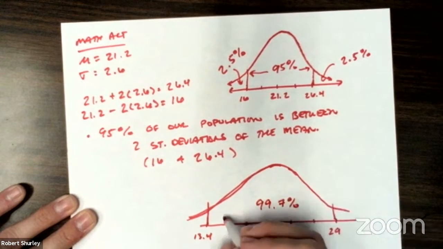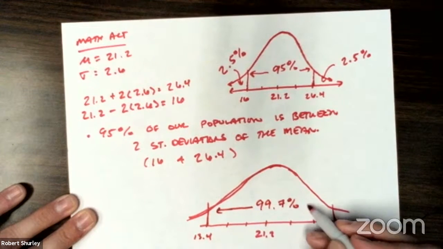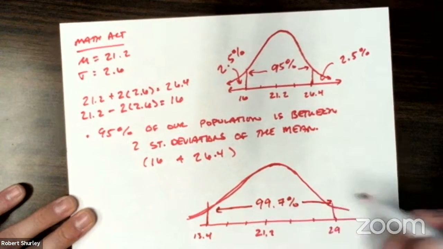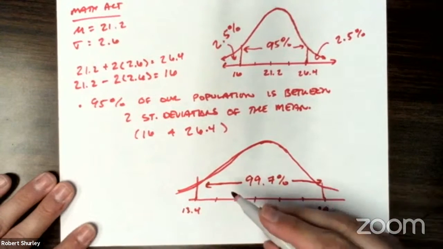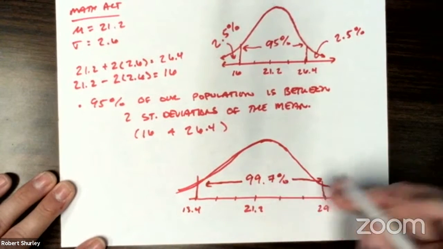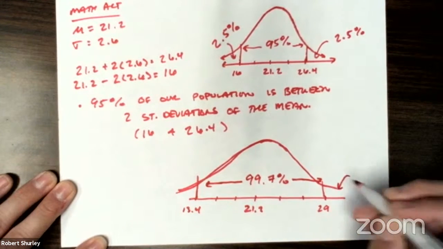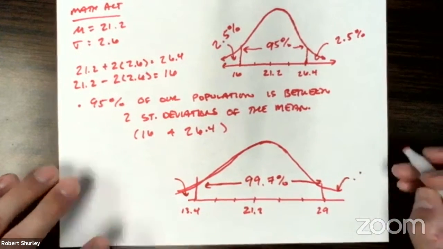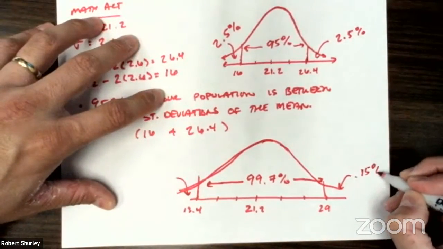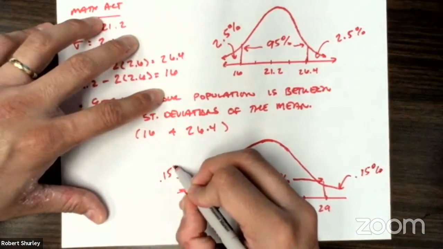That's like almost everybody, right? Almost everybody makes between a 13.4 and a 29. Now, what that means, it only leaves 0.3% for the tails. 0.3 divided by 2 would be 0.15 in the upper and 0.15 in the lower.